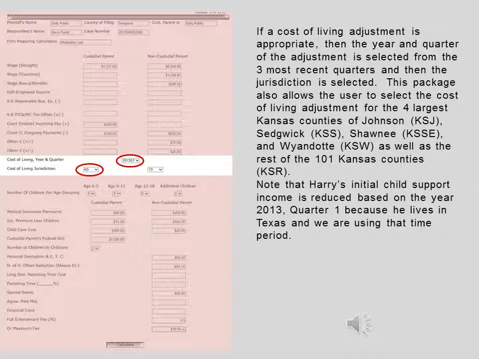Note that Harry's initial child support income is reduced based on the year 2013, quarter 1, because he lives in Texas and we are using that time period.